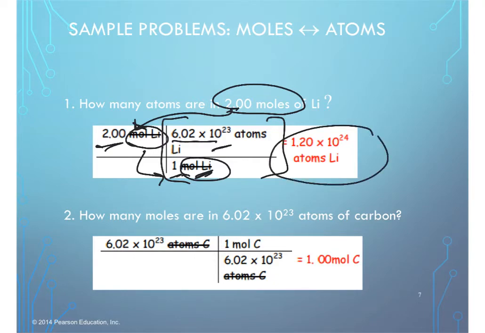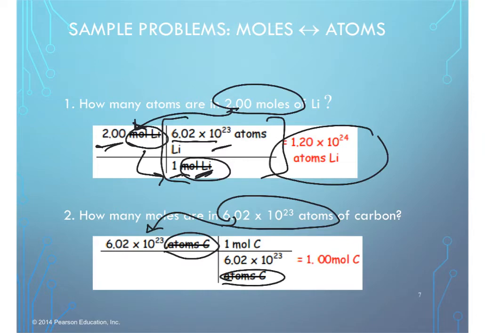Now let's go in the other direction. Let's say that I gave you the number of atoms of something I had. So that's now your given information. Now be careful, because since atoms are your given information units, the units in the denominator of your conversion factor must match that so that they cancel.